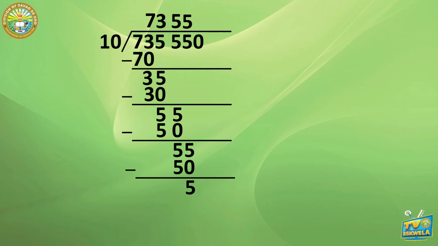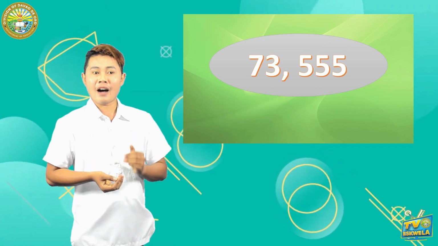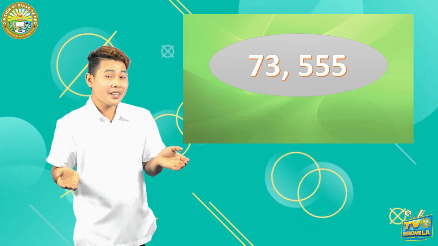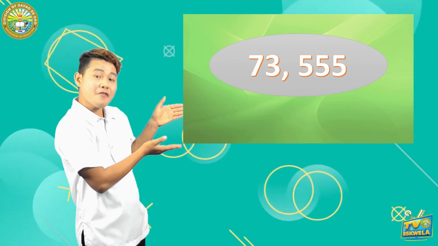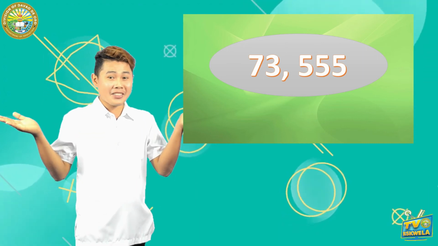And we have 50. 50 divided by 10 is 5. 5 times 10 is 50. 50 minus 50 equals 0. And we have our answer. 73,555. In long method, we have 73,555 as the answer.